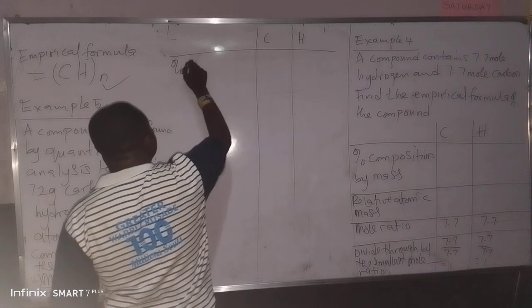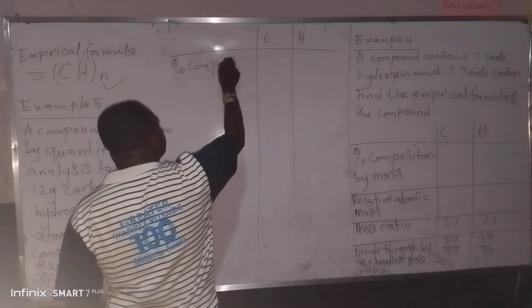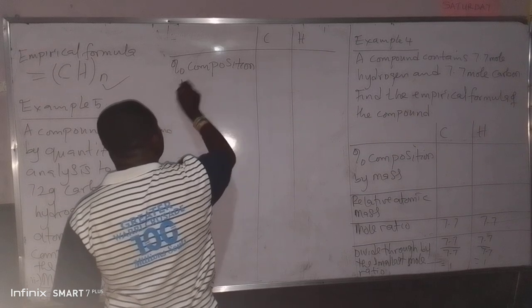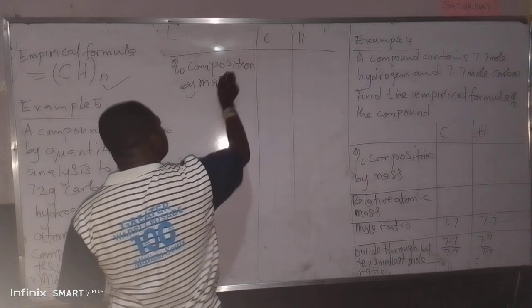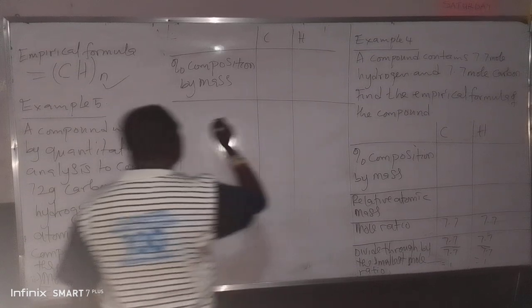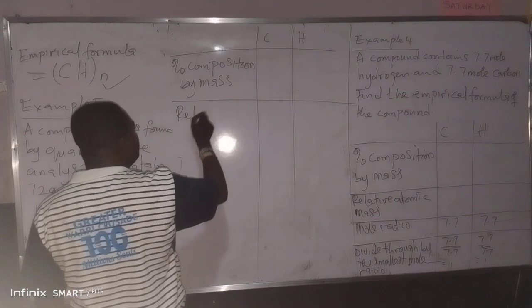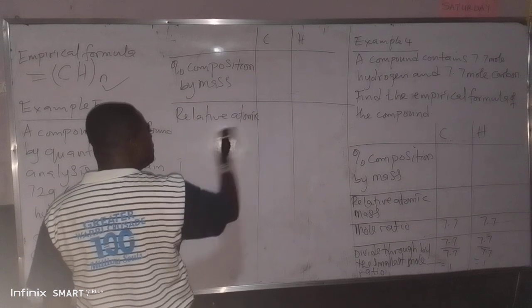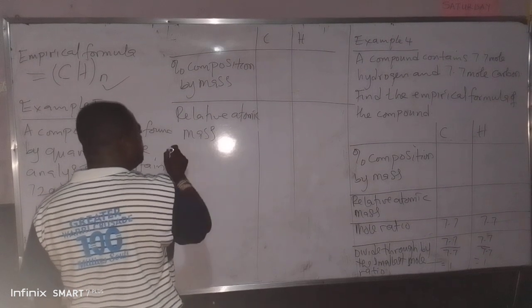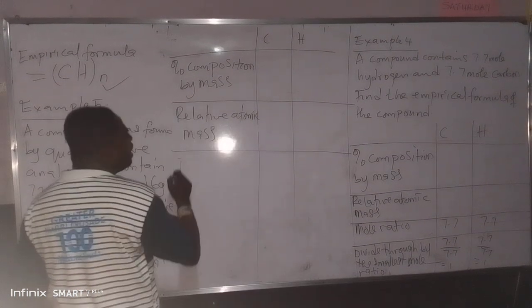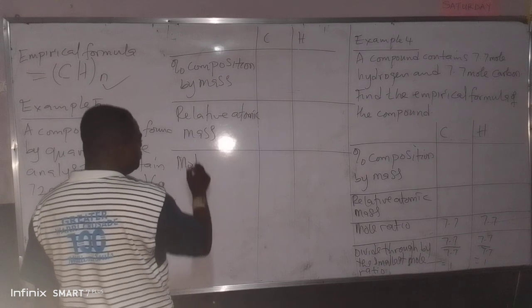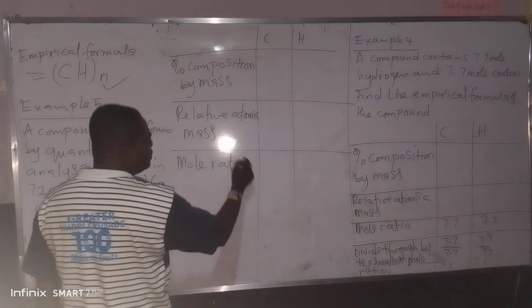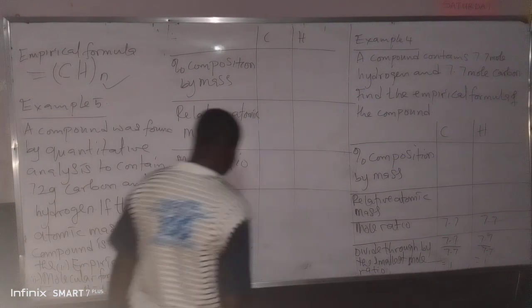So we have percentage composition by mass, relative atomic mass, then mole ratio, and divide through by the smallest.